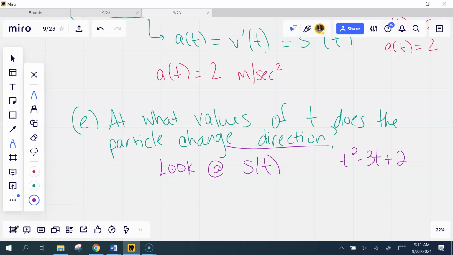So, if we know direction changes at any max or min, yes? I don't want to have to graph this and calculate maxes and mins. What can I do? Think calculus-wise.